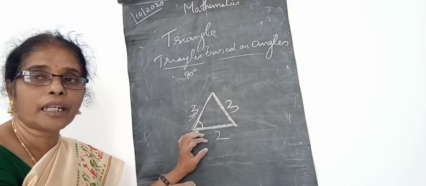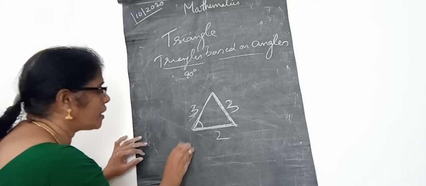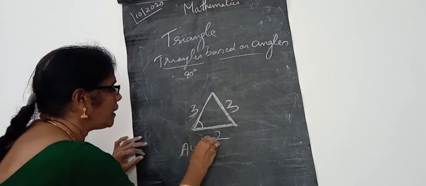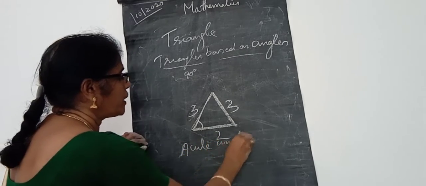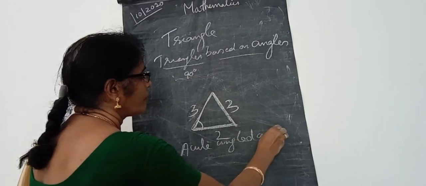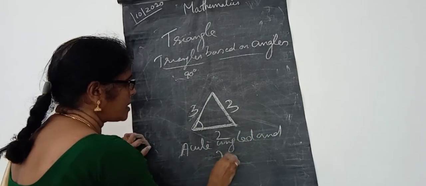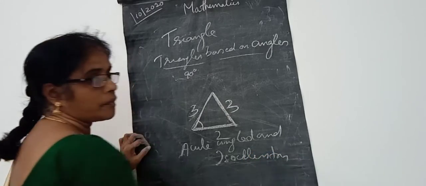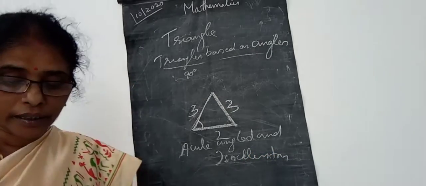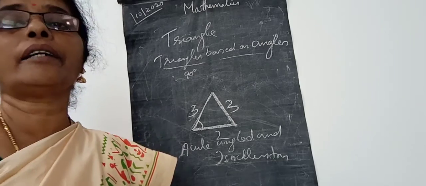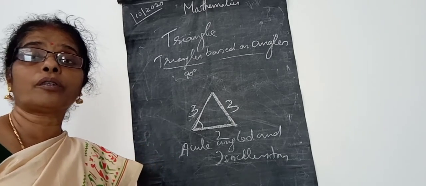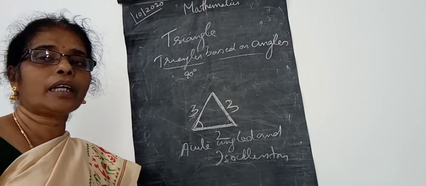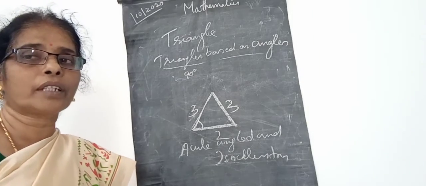You can see that is an acute angle, isn't it? So this one is an acute angled and isosceles triangle. So you have to check which type of angle and which type of side, and according to that you have to name the triangle.